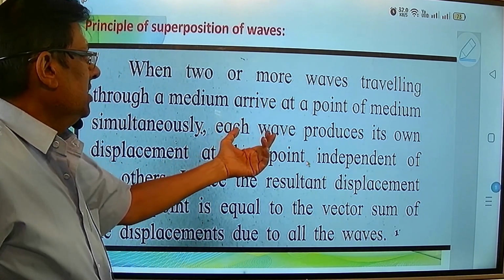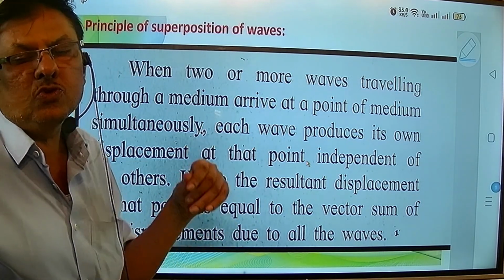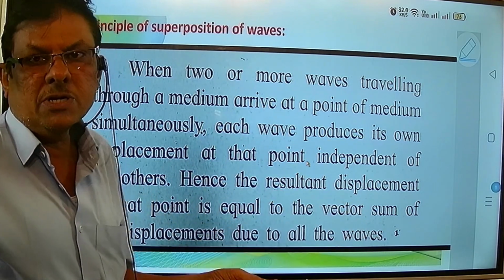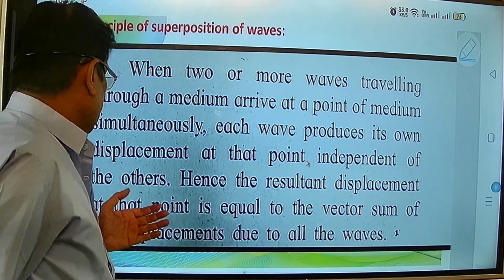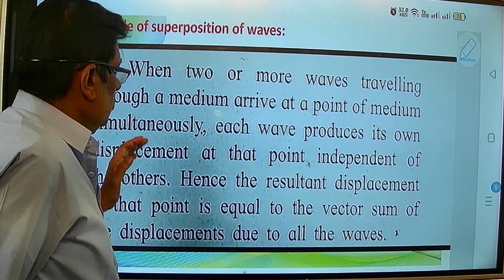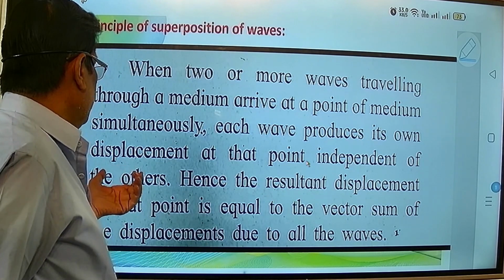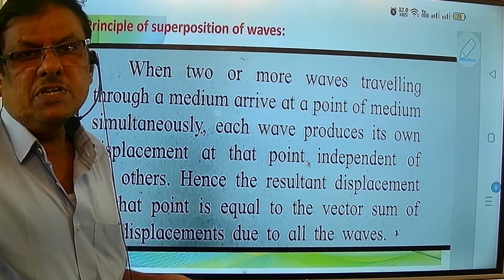Taking this explanation into consideration, we say that each wave produces its own displacement, that is one will produce 120 kilometers, the other will cover 150 kilometers. So these 120 kilometers and 150 kilometers are independent of each other.